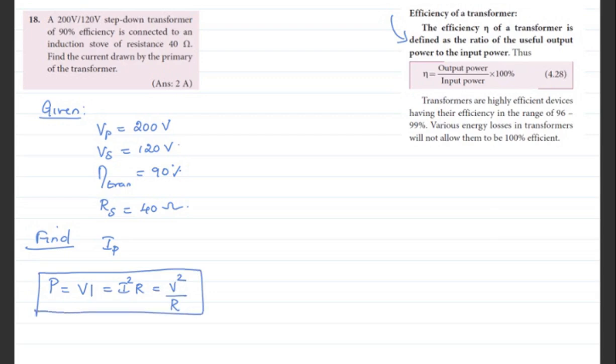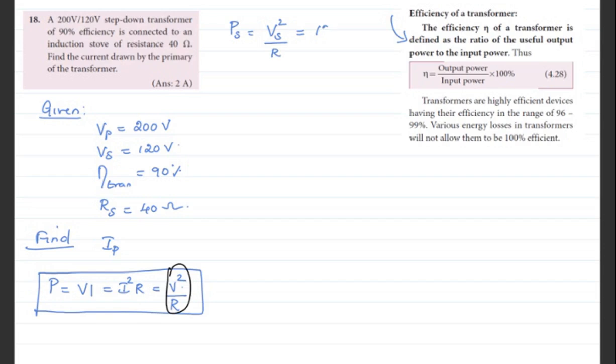So secondary power P secondary is equal to... here the voltage is known, and the induction stove resistance is known. When voltage and resistance are known, we can use V square by R. So PS is equal to VS square by R. The secondary voltage is 120, squared.